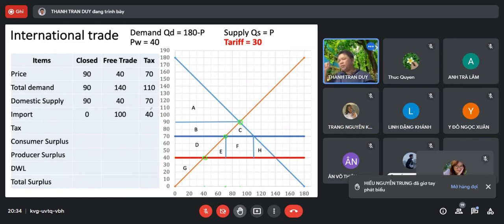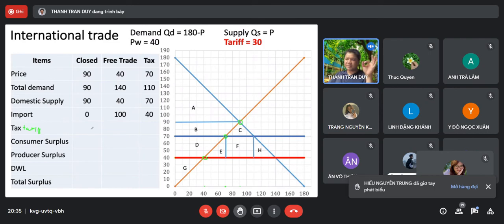Okay, so far you know how to find the numbers like this. In the exam, I give you a similar situation like this, and I give a different world price, a different tax, and I will ask you to calculate the numbers. Now, if we close the economy, do we have tax?